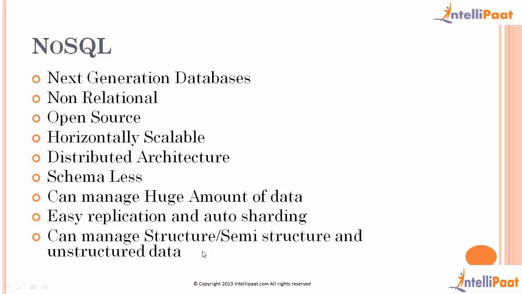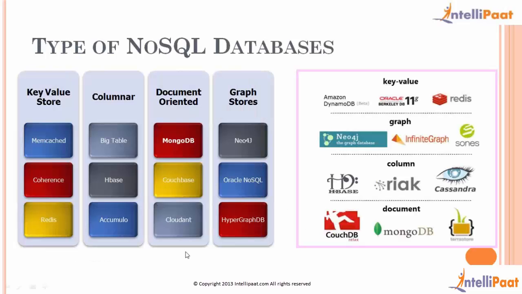Thank you. All right. Now let's understand about database categories, the types of NoSQL databases. At a high level, we understood there are three categories: OLTP, OLAP, and NoSQL. Now let's understand the categories of NoSQL databases. Just to let you know, there are more than 150 NoSQL databases in the market.